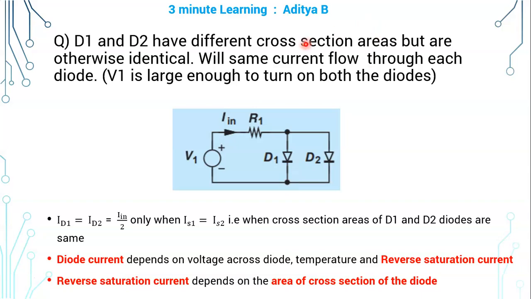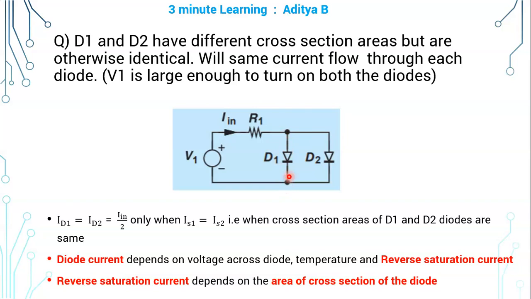But in this question it has been given that they have different, this is a keyword, different cross-section areas. That is, the areas of cross-section of diodes D1 and D2 are not same. So reverse saturation currents are not same, and hence their forward biased current is also not same, even though their voltages are same.